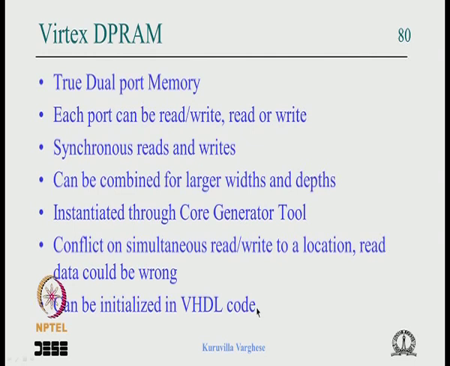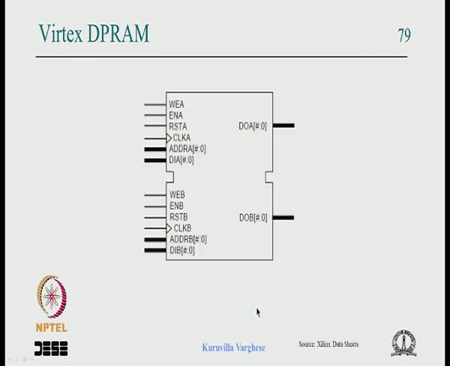So I think we have come to the end of the lecture. What we have seen today is basically the carry chain, how it implements the fast adders. Then we have looked at how the sequential circuit, the FSM, gets mapped to the CLB.